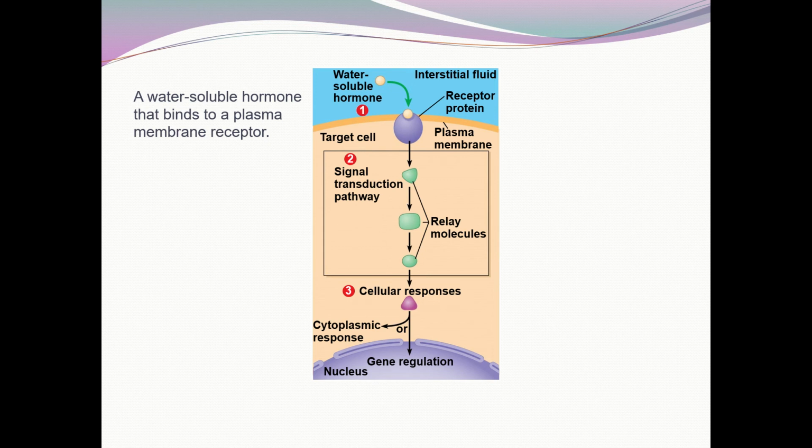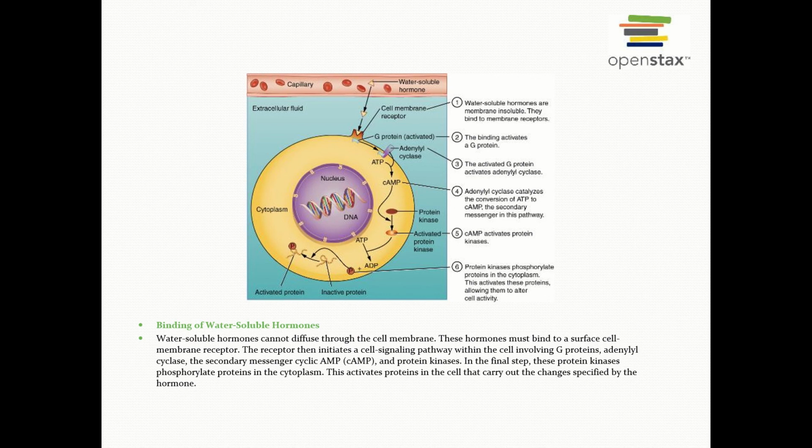A water-soluble hormone binds to a plasma membrane receptor. It cannot pass directly through the plasma membrane. Water-soluble hormones cannot diffuse through the cell membrane. These hormones must bind to a surface cell membrane receptor.